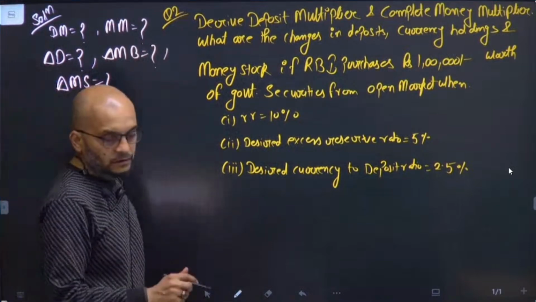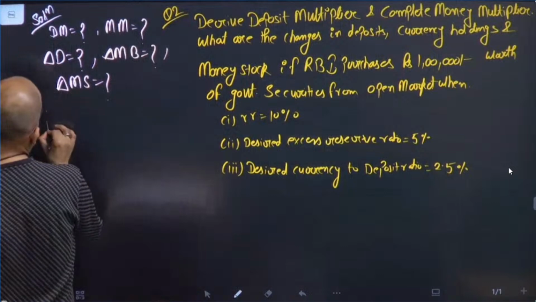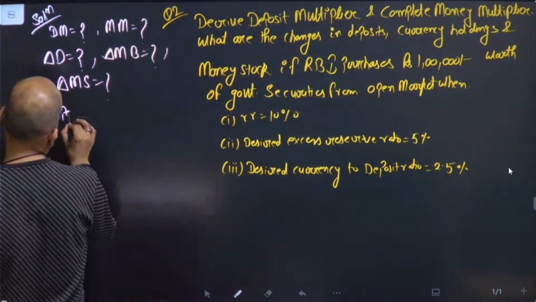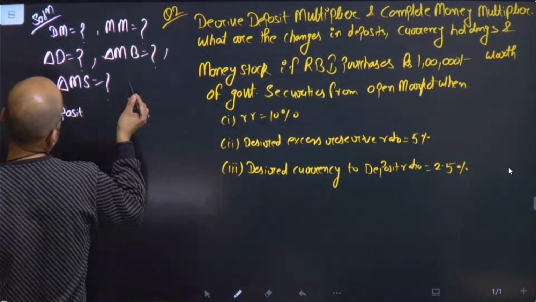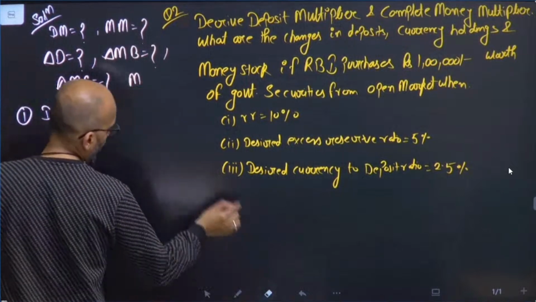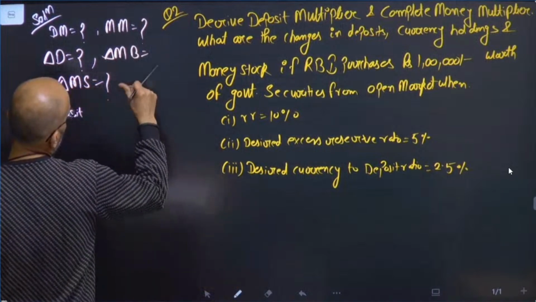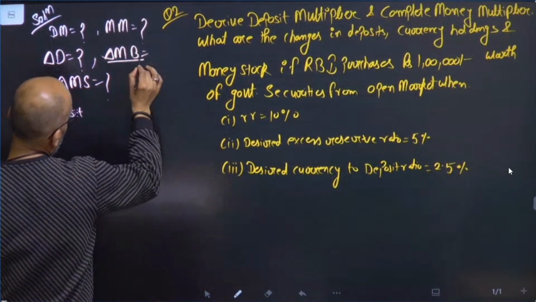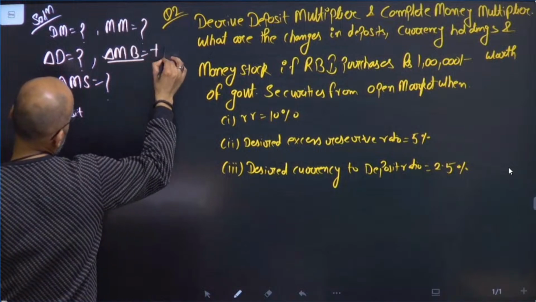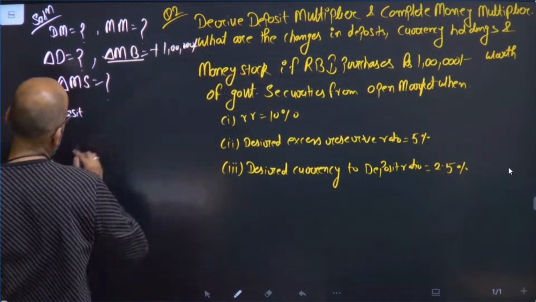Right. So, first of all, deposit multiplier. Monetary base is given to us. We do not need to find it. Delta monetary base is given to us. It is plus 1 lakh because money is increasing in the economy.